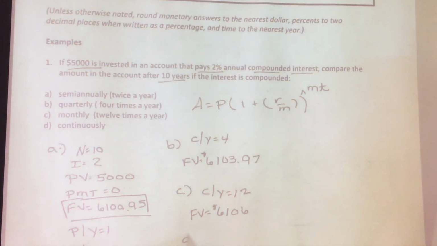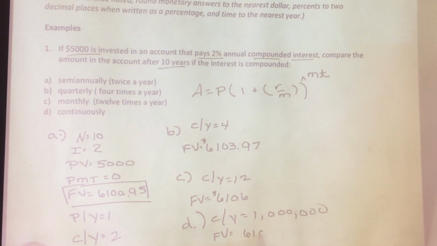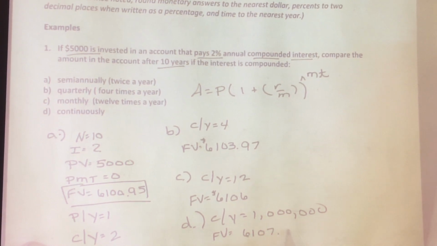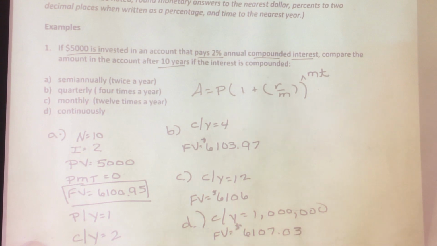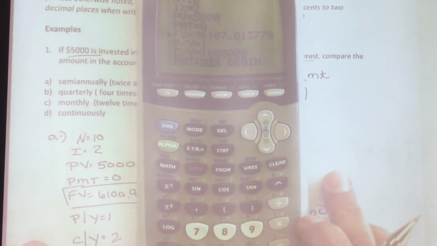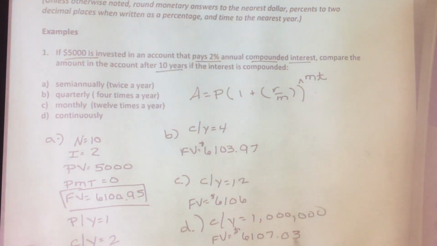So here for D, you're changing C/Y to 1,000,000, and your future value is $6,107.01. I'm sorry, 1 cent.